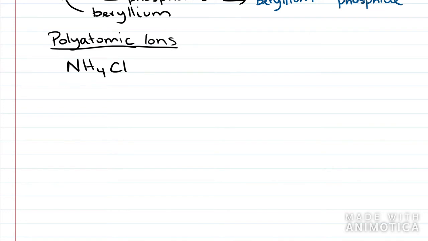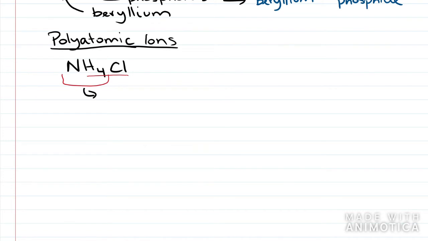Well, in this one, we have NH4 and a Cl. So right away, we have three capitals, which means we have three elements, which means we must have a polyatomic. So now we have to look and see, is our polyatomic H4Cl? Well, if you look at your polyatomic table, that doesn't exist. So it has to be NH4. Well, what is NH4?